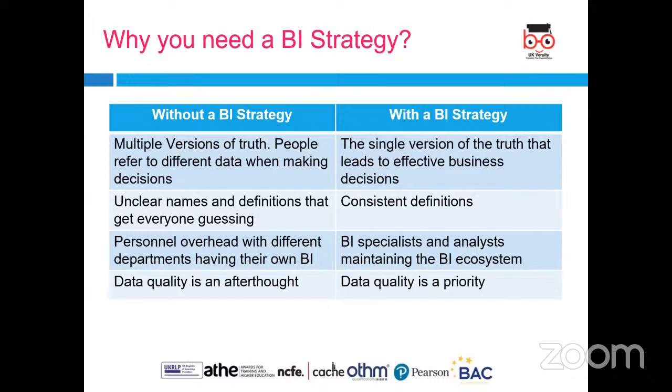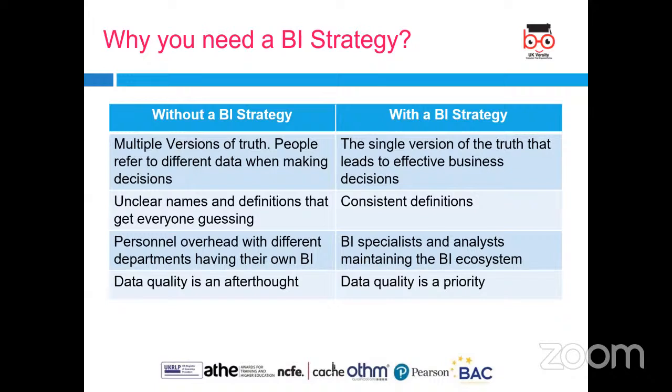So as you can see, the benefits of having a BIS strategy are, for instance, a single version of truth that leads to effective business decisions, consistent definitions, BI specialists and analysts maintaining the BI ecosystem, and data quality as a priority.